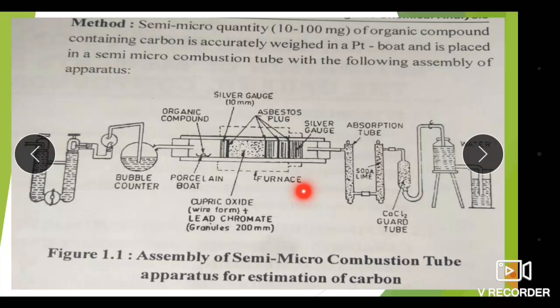An asbestos plug and silver gauze are there. Here the furnace is there. The copper oxide catalyst is placed in between, and here is the absorption tube containing ascarite, and here anhydrous CaCl2 for the absorption of moisture. Whatever water is formed is collected here.